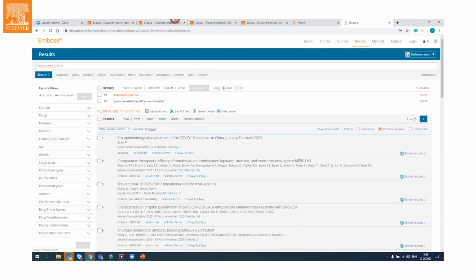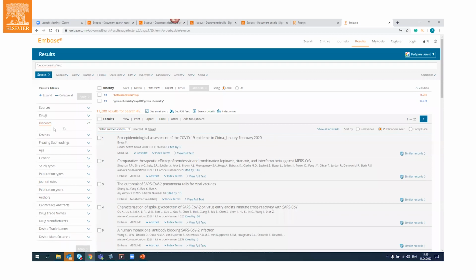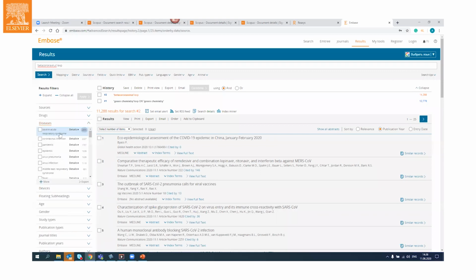So what you see and how it works. Now we do the search on beta coronavirus, and we got 19,000 articles. You can go to the filter diseases, and you will see all diseases mentioned in this pool of articles.